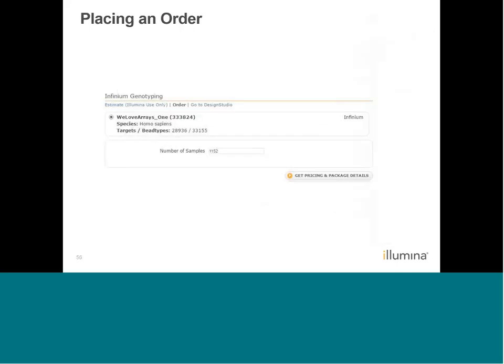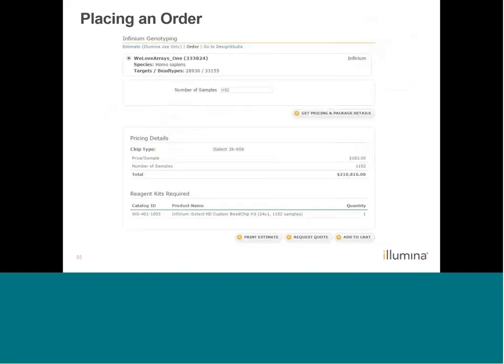There's a couple of different steps here, in which we'll get pricing, and you'll be asked for your customer information, et cetera. So let's look at that quickly. The first thing you'll do is submit the number of samples, and remember the minimum is 1152. Then this will bring you to the page where you're going to get pricing and packaging options.